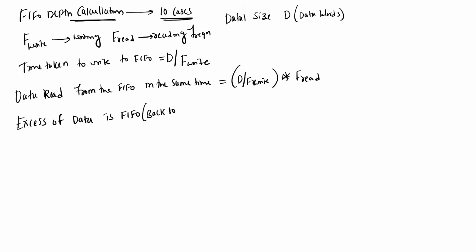So backlog equals D minus D by F write into F read. Are these formulas fine? So FIFO depth equals the backlog.